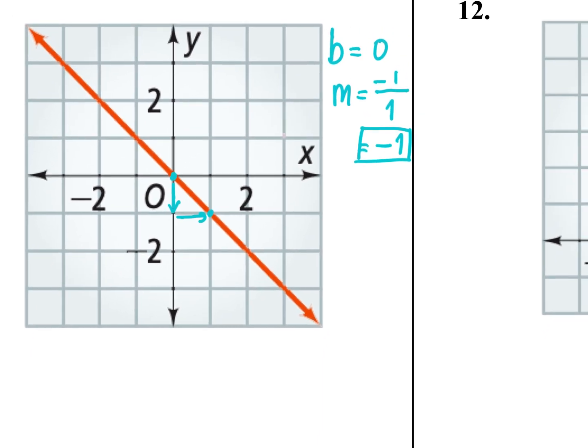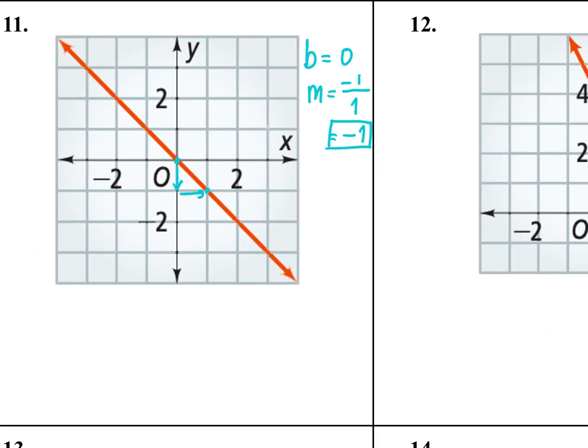Okay, so let's write the equation of our line here. So y is equal to -x plus 0. Okay, so let's try that one. Let's get another point from the top. Let's say this one. This is going to give you (-2, 2). Okay.